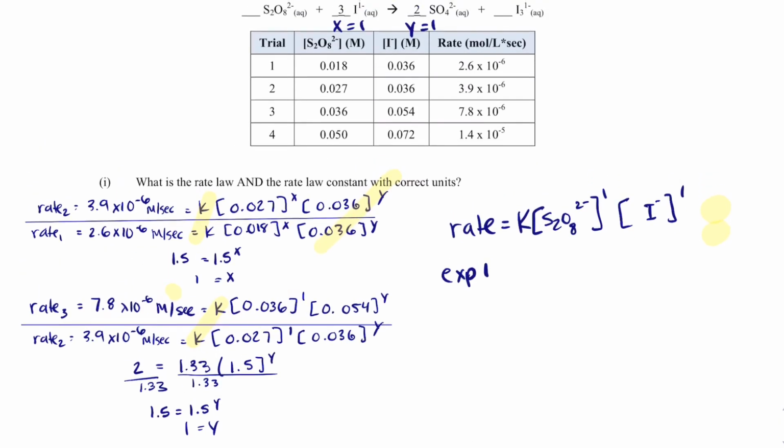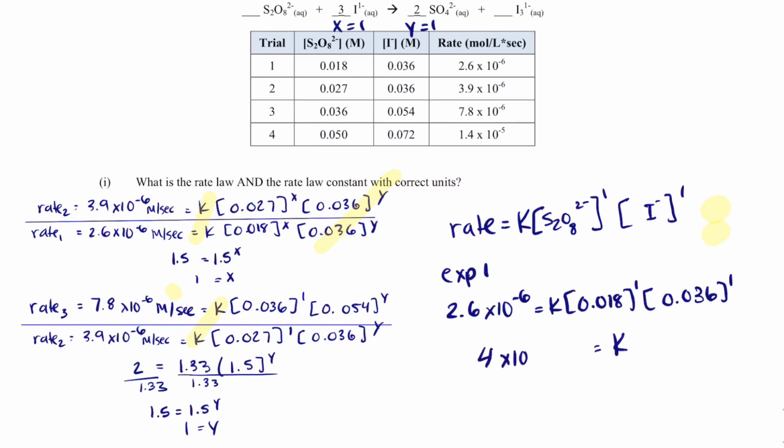And we get 2.6 times 10 to the minus 6 equals k, 0.018 to the first power, 0.036 to the first power. And I got k to be 4 times 10 to the minus third. We are overall second order. And so what that means is my units on this will be, we always will have seconds to the minus 1 and then molarity minus 1.